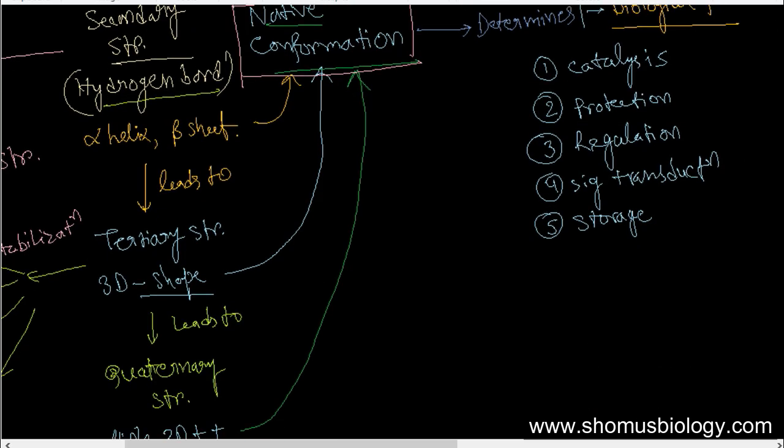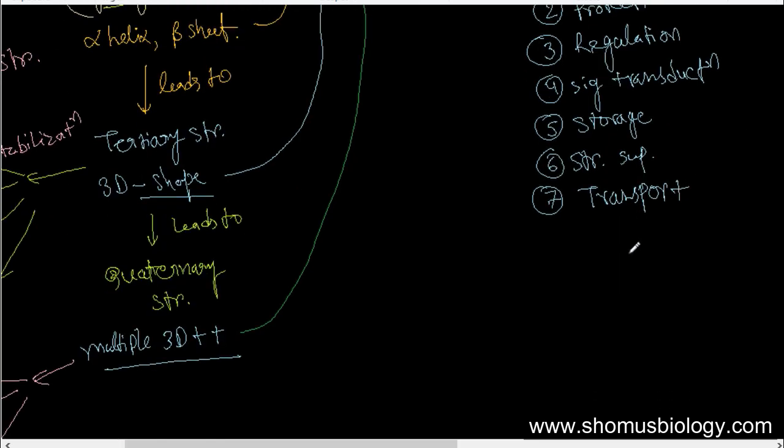Okay, let me scroll it down. Then obviously providing structure and support. Seventh, there are so many functions in membrane transport. So there are so many. I'm not writing all these things in here, but these are all the types.